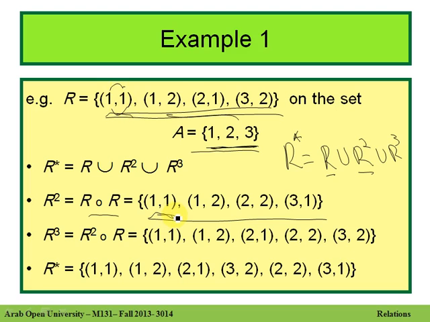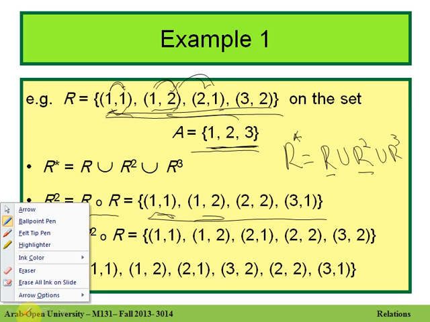Now if there is a (1, 2) and (2, 1), then it is (1, 1), it will come again. Now if there is (1, 1) and (1, 2), you will get (1, 2). Clear?